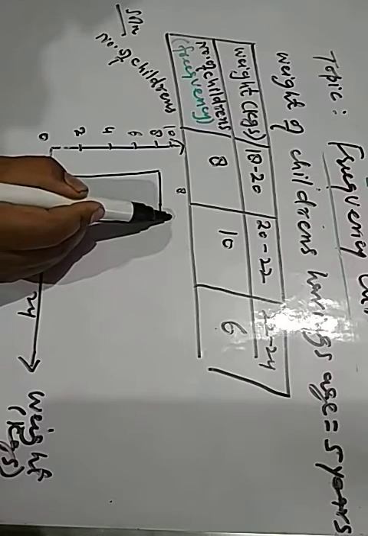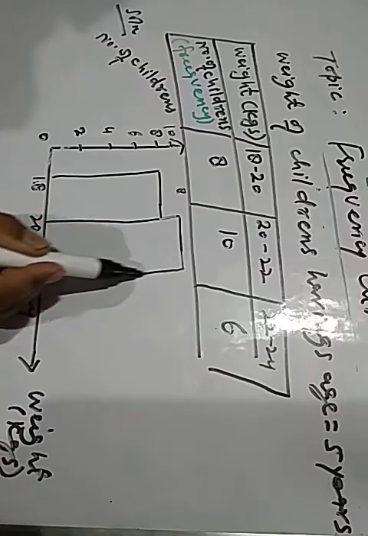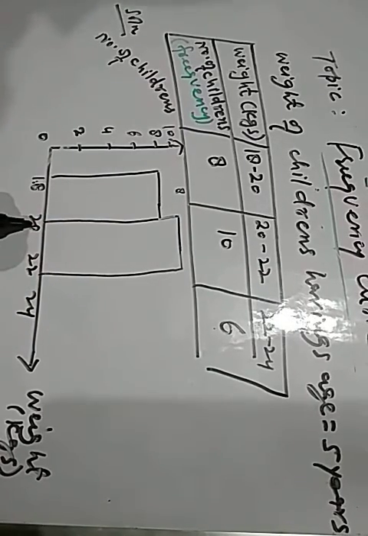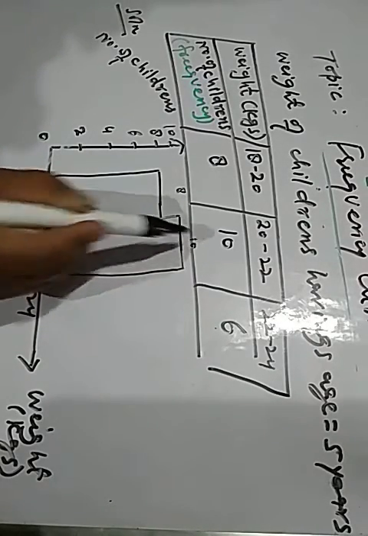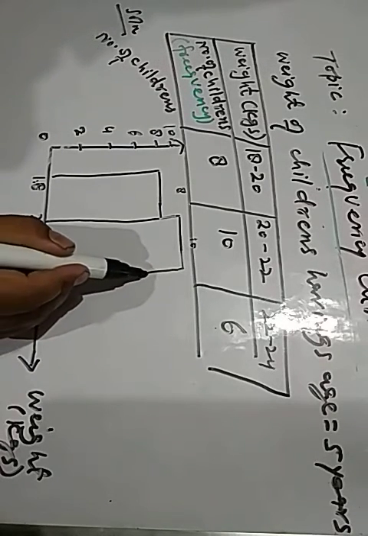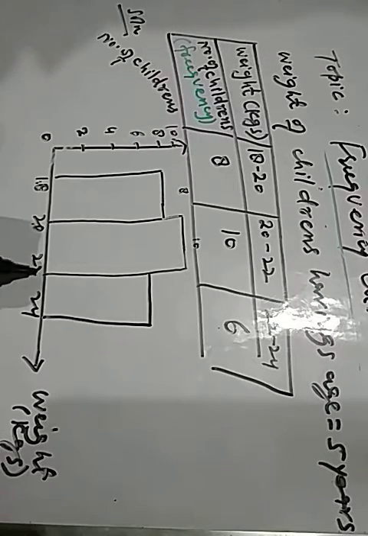I will extend upward this line up to 10. And on horizontal axis, it lies between 20 to 22 kgs. And in the last weight group, there are 6 children. Here it will be 6, and on horizontal axis it shows the weight between 22 to 24.